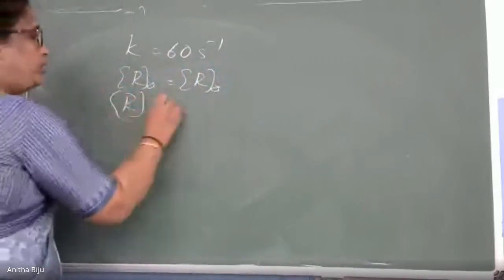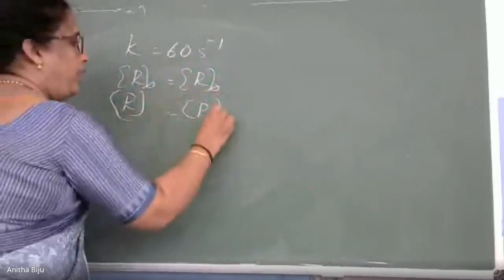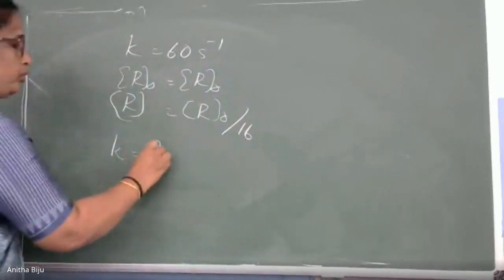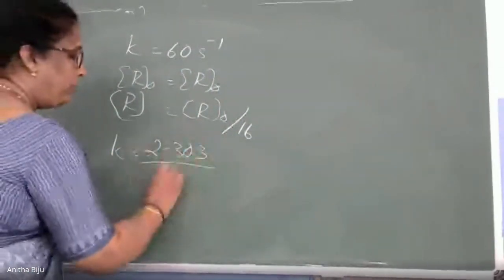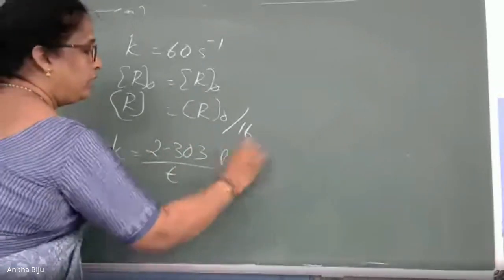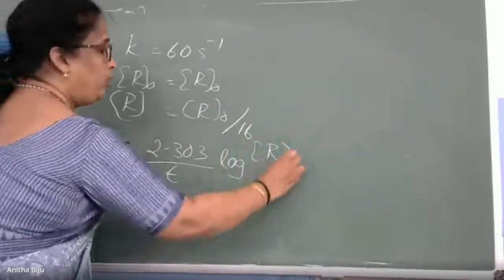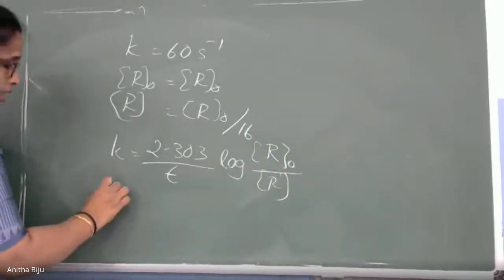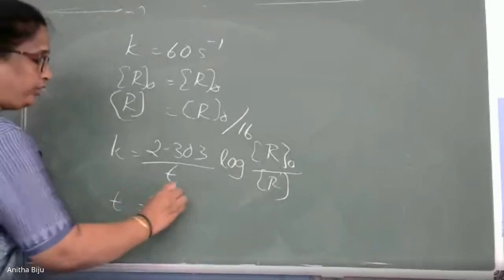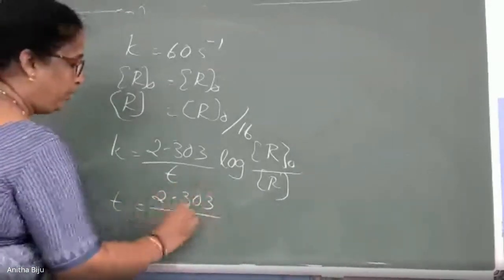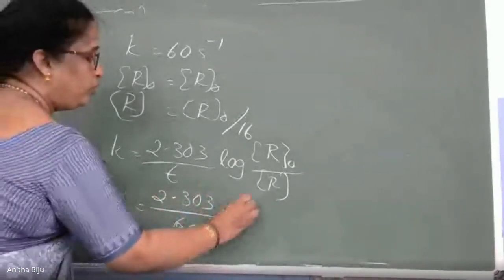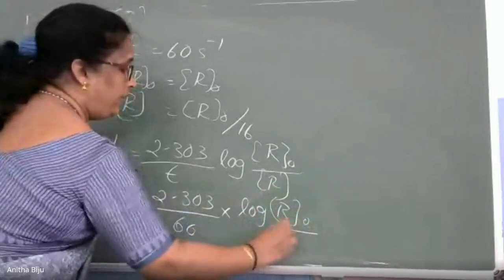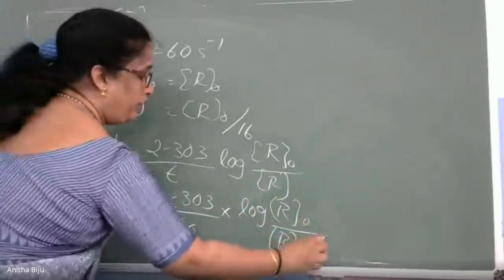R is equal to R naught by 16. The formula is K equal to 2.303 upon T log R naught by R. Substituting, T is unknown, so T is equal to 2.303 divided by 60 into log R naught divided by R naught by 16.